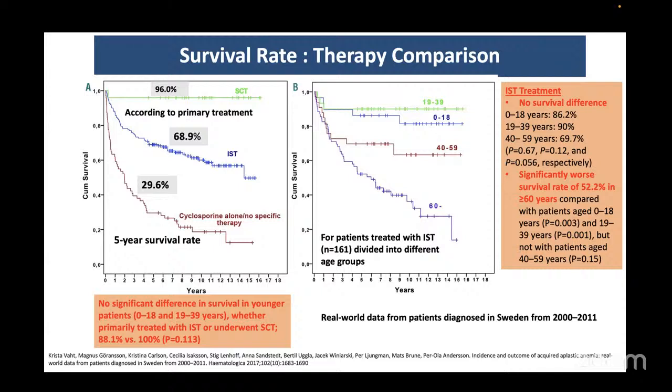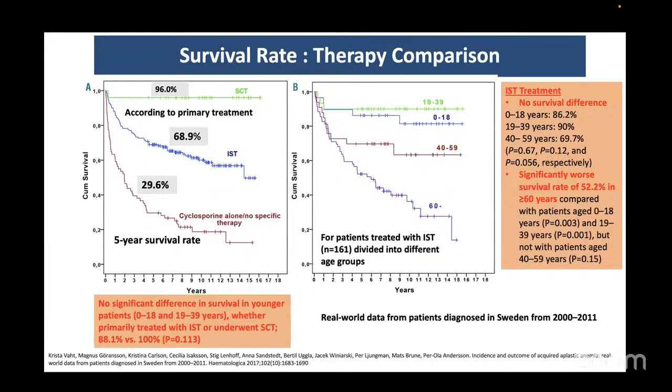Talking about survival rate for therapy comparison, there is no significant difference in survival in younger patients, whether primarily treated with IST or with stem cell transplant. This is what we need in Indian settings, because many of our patients cannot think about going for a bone marrow transplant whenever they are hit with a diagnosis of aplastic anemia.